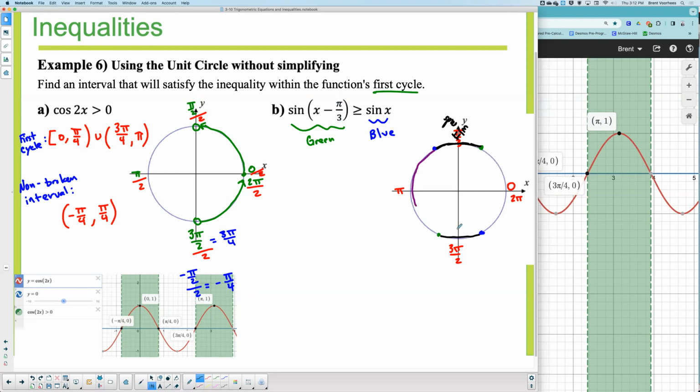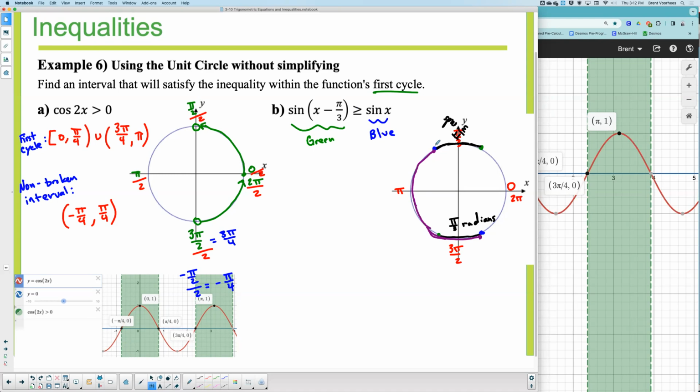That's pi over 3 radians here. And that's when they're equal again. So all of this interval is good, from here all the way to that point. And this will be closed dots because we can be equal to.